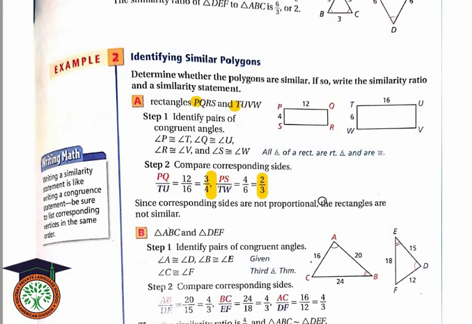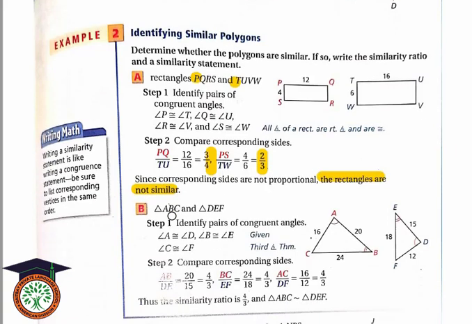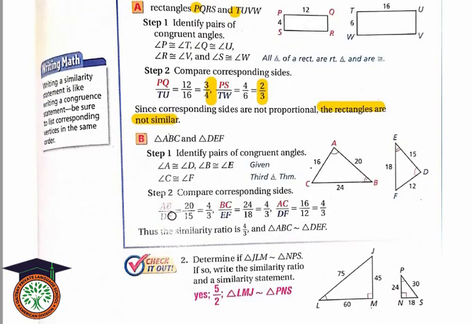So the rectangles are not similar. This means I have two conditions to say polygons are similar. First, corresponding angles are congruent. Second, corresponding side lengths must be proportional.